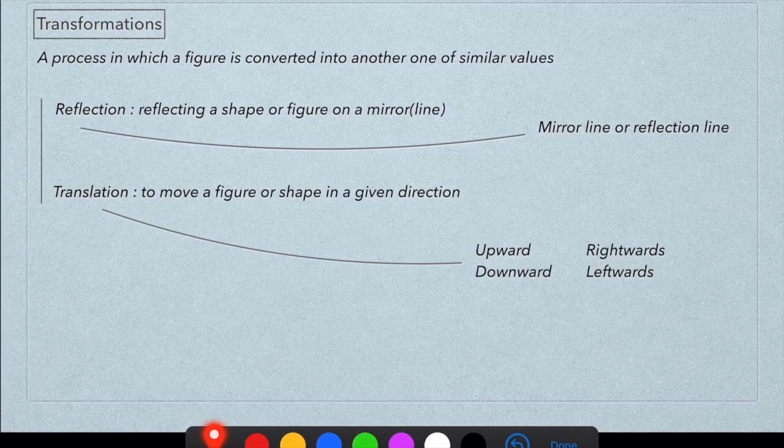Left or right, you will do so. It might be a combination of both. For example, the question could ask you to move 3 steps upwards and 2 steps downwards, or 3 steps leftwards and 2 steps upwards. Now, these are the instructions. In the upcoming examples, I'll explain how to deal with these questions. Let's move on for now.